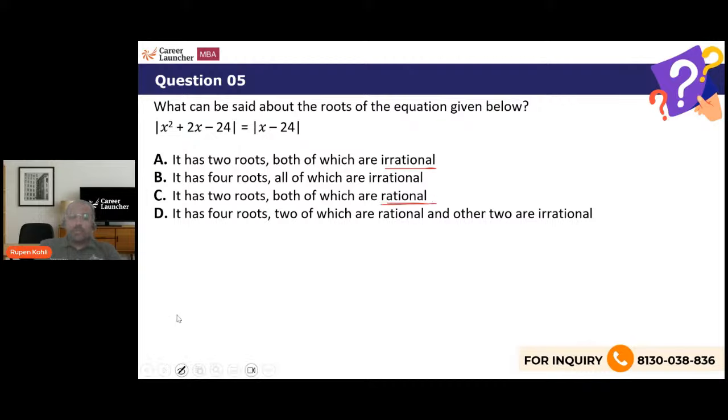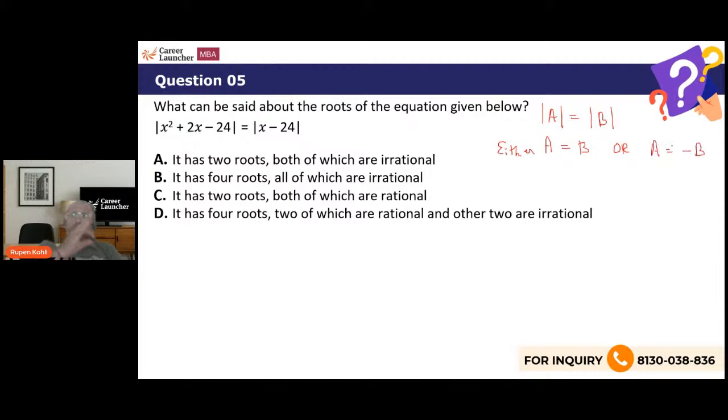So I guess we properly need to solve this equation so that we can identify the nature of the roots, right? How many roots are there and whether they are rational or irrational. Now, whenever you see mod of something equal to mod of something, mod A equals mod B, where A and B are any mathematical expressions, the further step that you need to write is either A equals B, or A equals the negative of B, right?